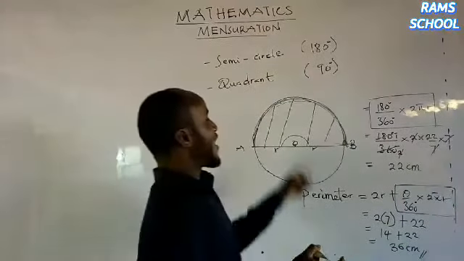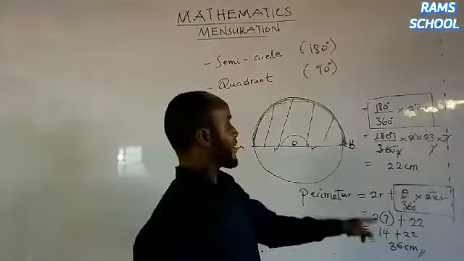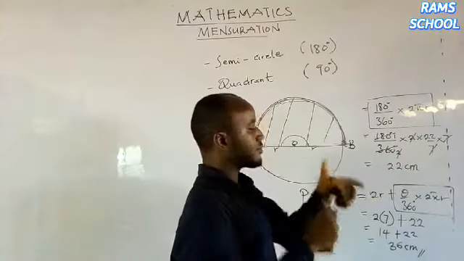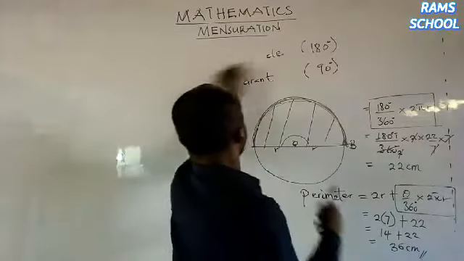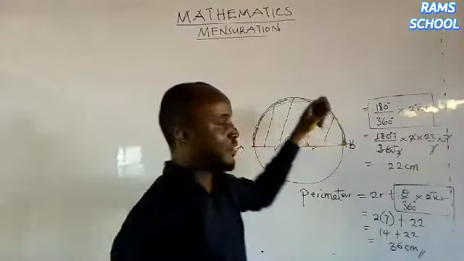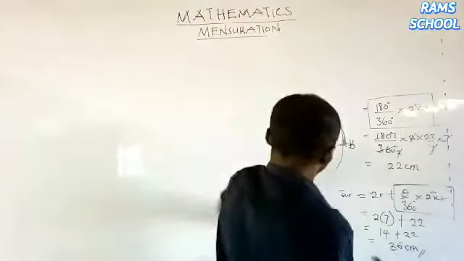So the perimeter of this semicircle is 36 centimeters, whilst the circumference is 22 centimeters. I want you to be jotting certain things down as you are learning. Just jot certain things down so that it will help you.